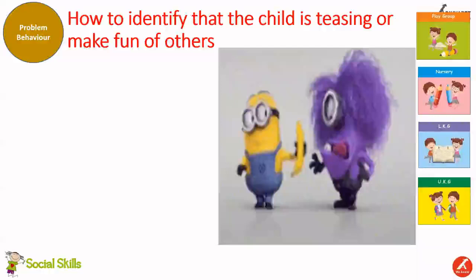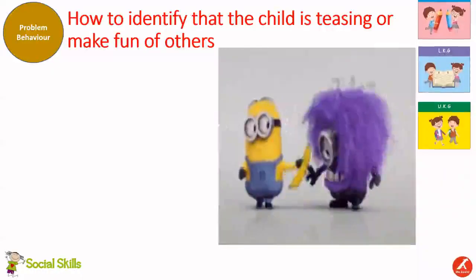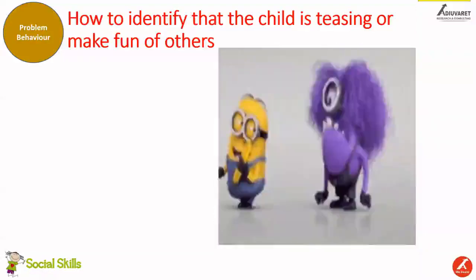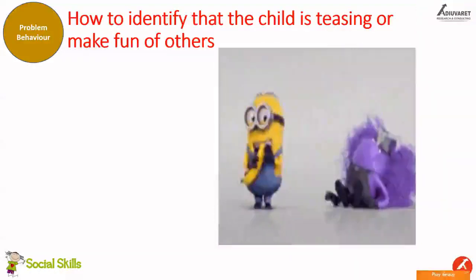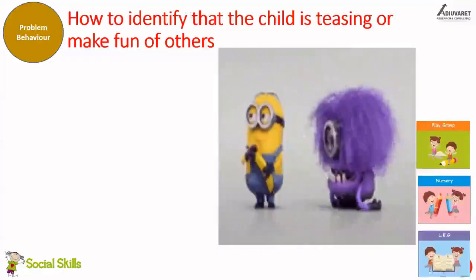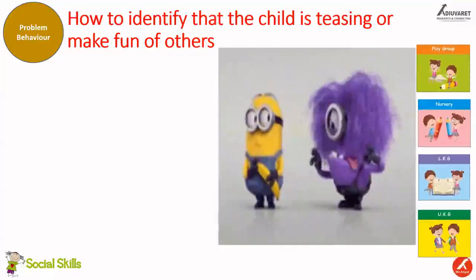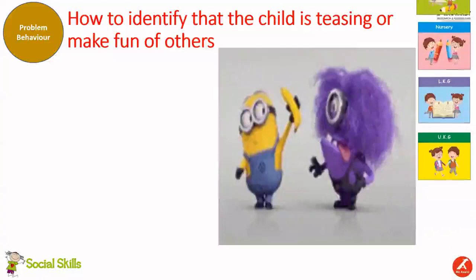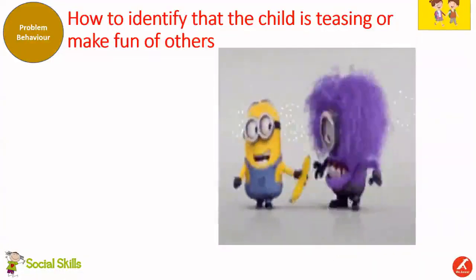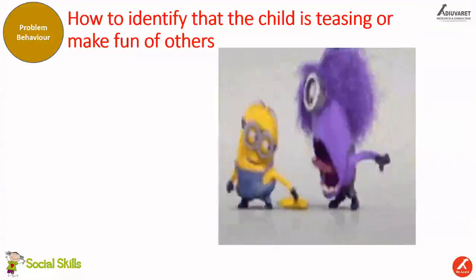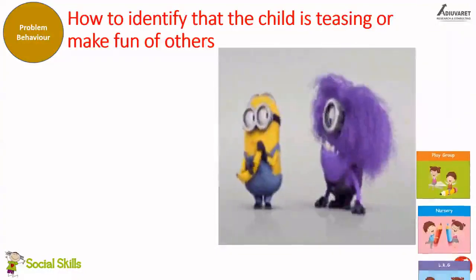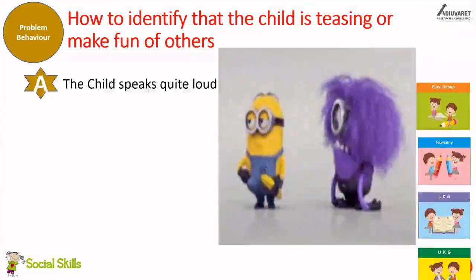So a few things we must keep in mind. If such signs appear in our children, then we must think that our child may be doing such behavior outside of the home, or in situations when the parents or teachers are not there. That's why let's see what symptoms and signs we must look out for, which will help us to identify such behavior in our child.